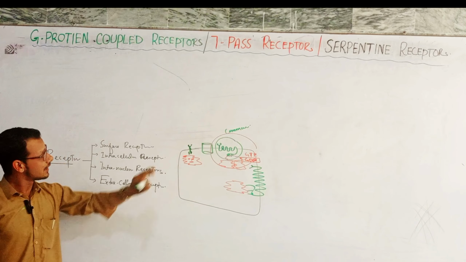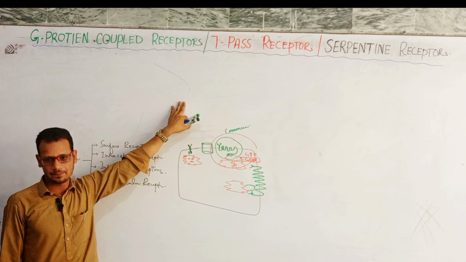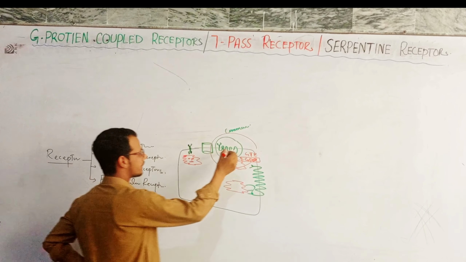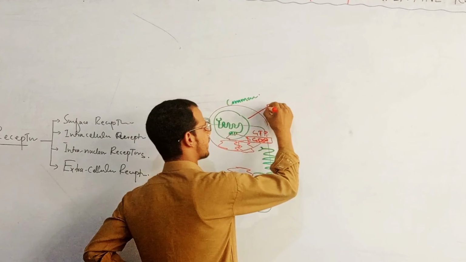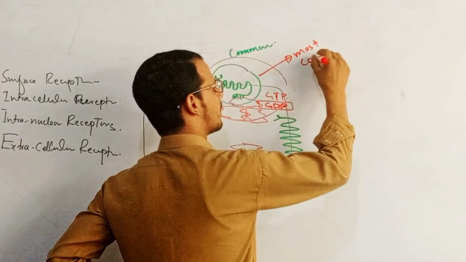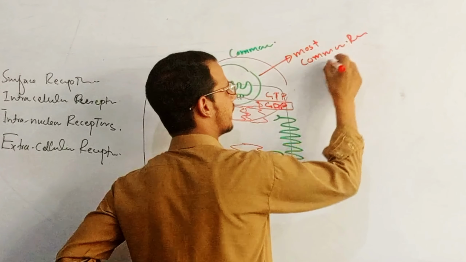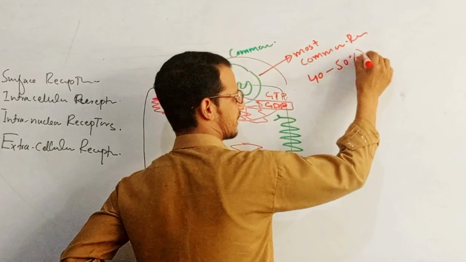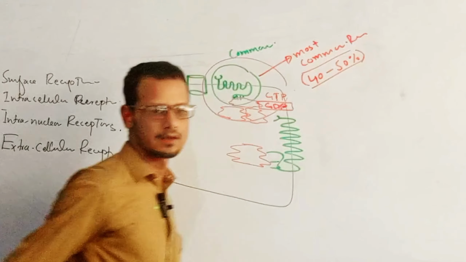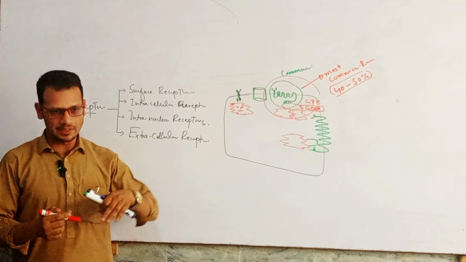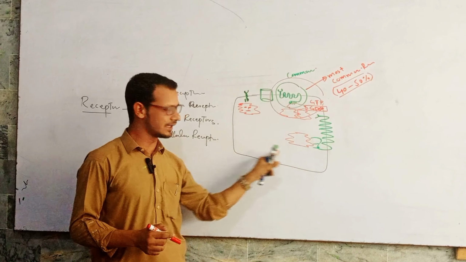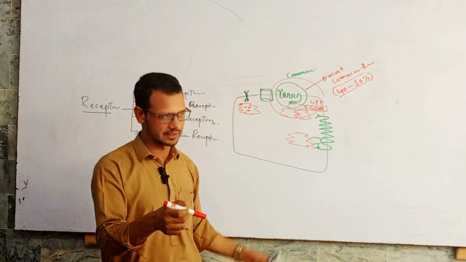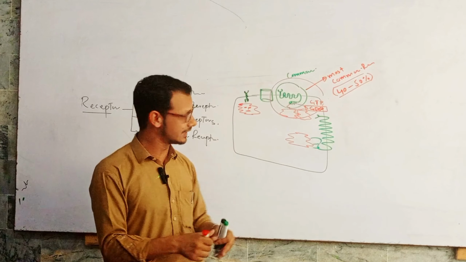Today we will discuss the whole mechanism of action of the 7-pass receptor, because it is the most common receptor in the body. About 40 to 50% of drugs act on the 7-pass receptor, and the remaining 50% are divided among all the other receptors: the intracellular, extracellular, intranuclear, 1-pass, 12-pass, right?